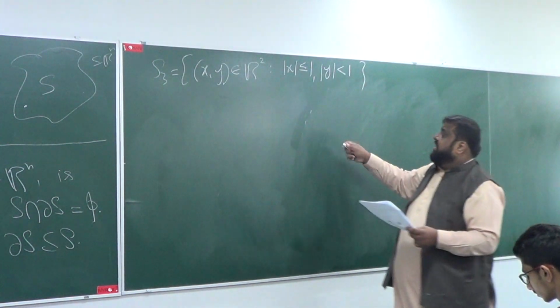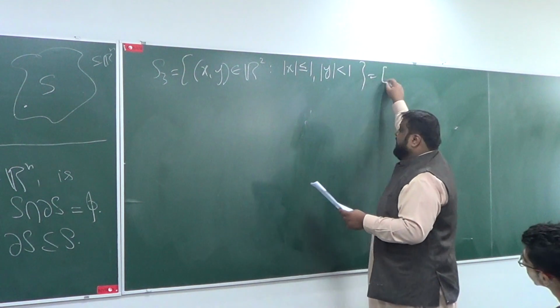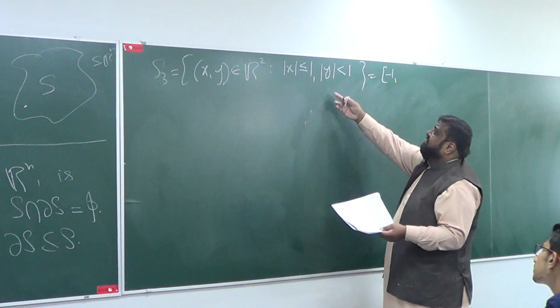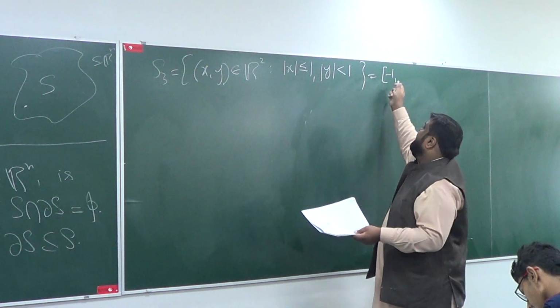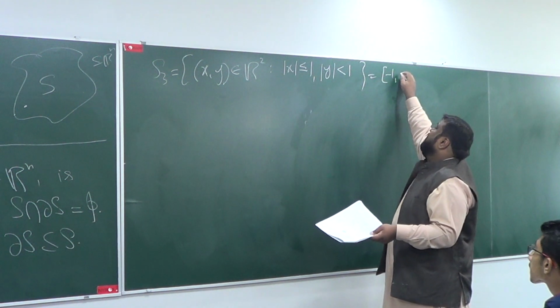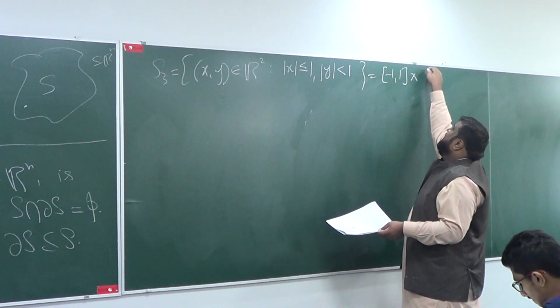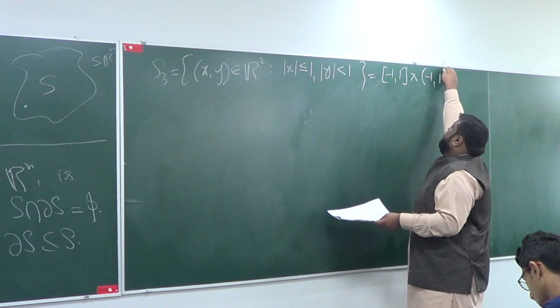So it's basically the cross product of the interval -1 to 1 with -1 to 1.